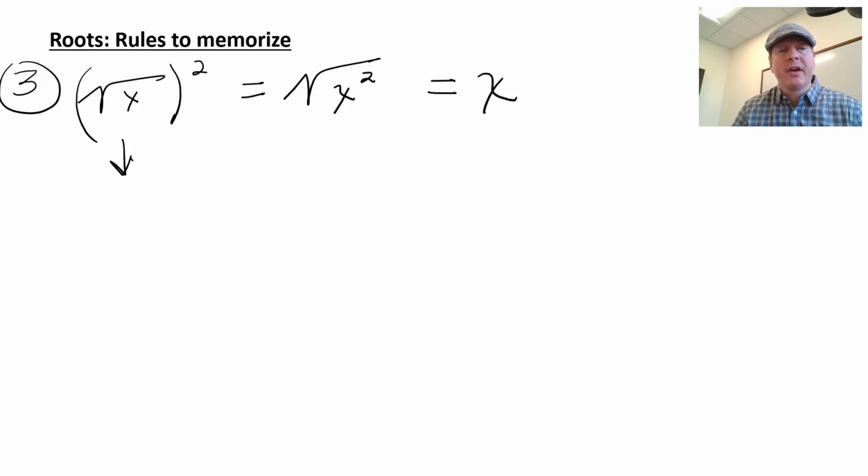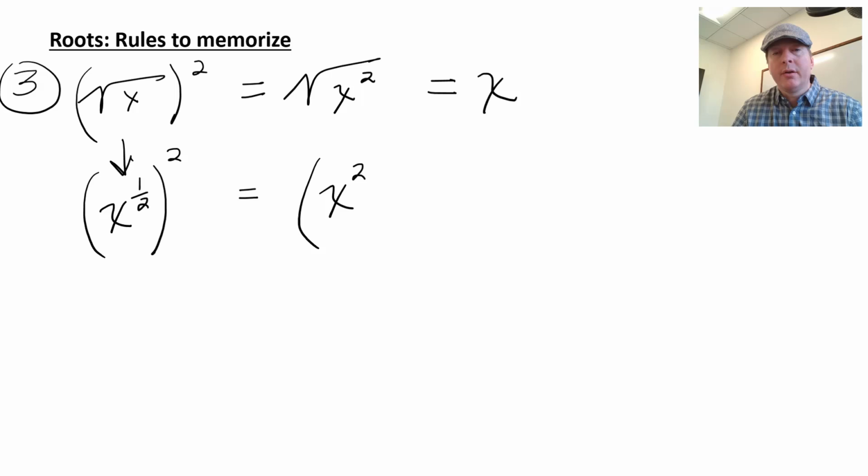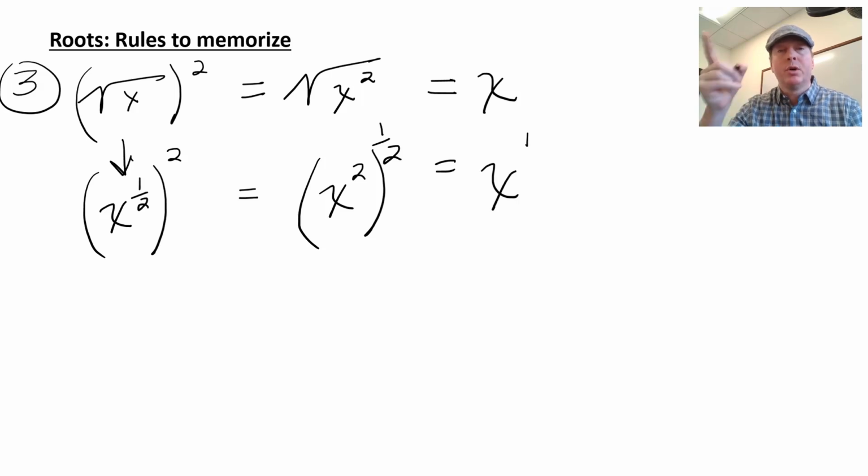The square root of x is simply x to the 1/2, so we're talking about x to the 1/2 squared. That's equal to, over here we have x squared and we're taking the square root, so that is x squared to the 1/2. Both of those are equal to x to the 1. You multiply the exponents, that's the same as x to the 1, that's the same as x.